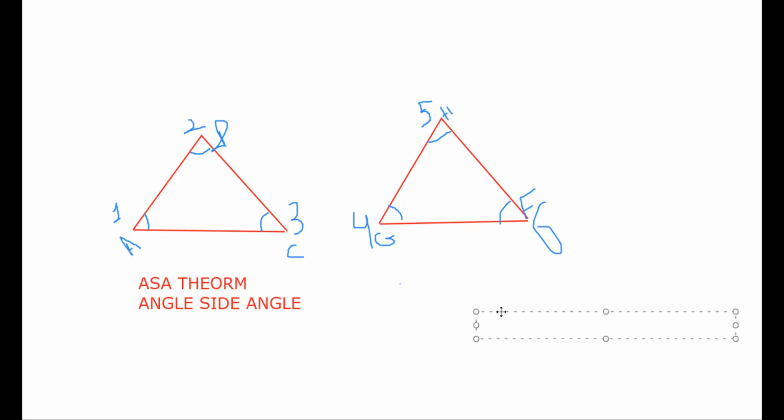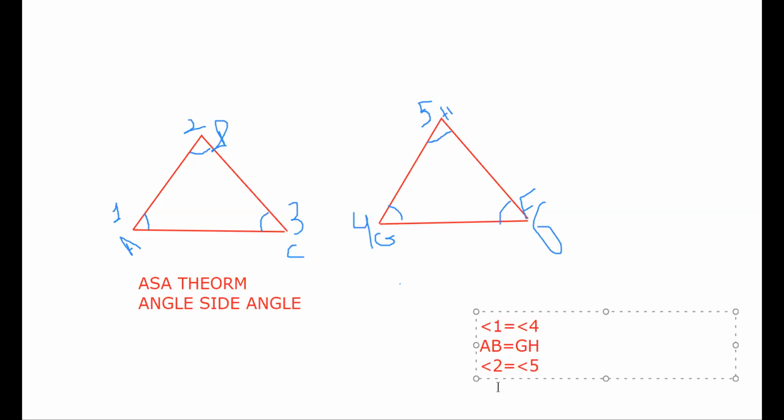If you can prove that angle 1 is equal to angle 4, and that side AB, because this is the included side, is equal to the included side in the other triangle, which is GH, and angle 2 is equal to angle 5. Oh, did you see?